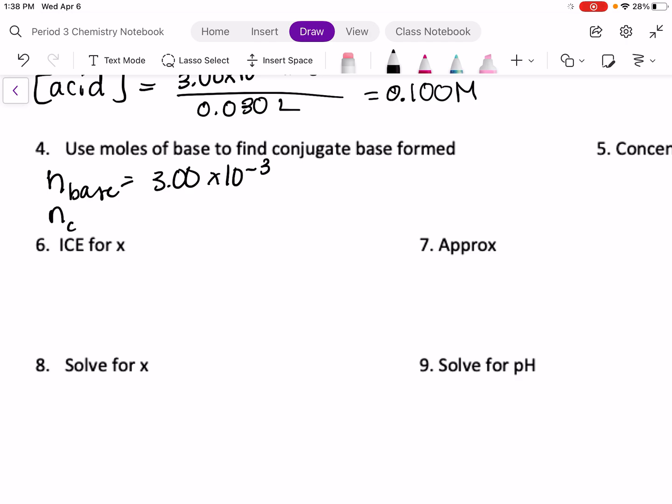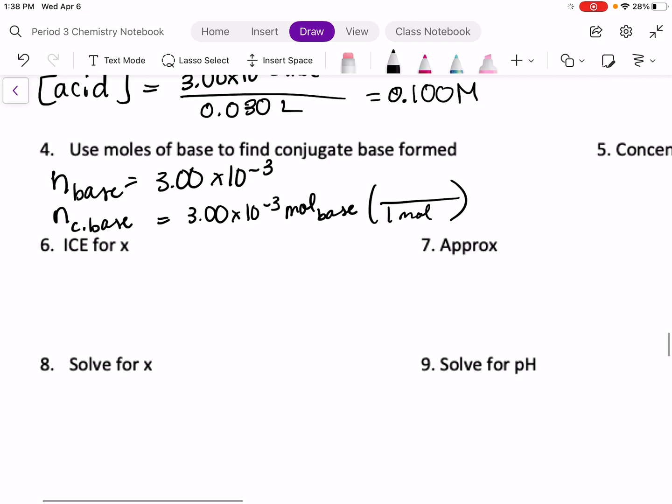Now the moles of our conjugate base is going to be 3.00 times 10 to the negative 3 moles. And it's a 1-to-1 ratio, so every 1 mole of base is equal to 1 mole of our conjugate base.